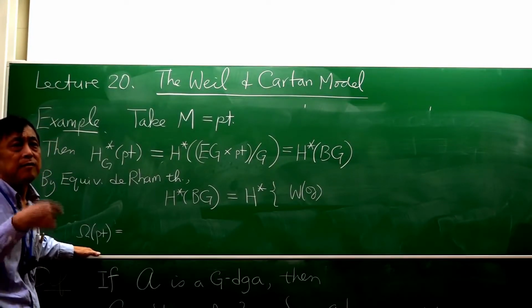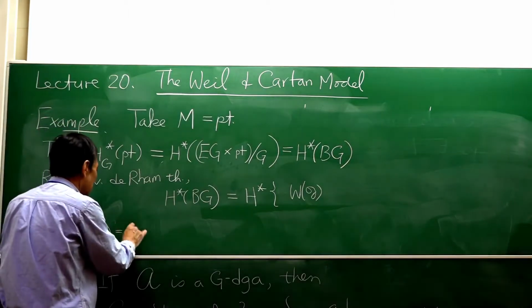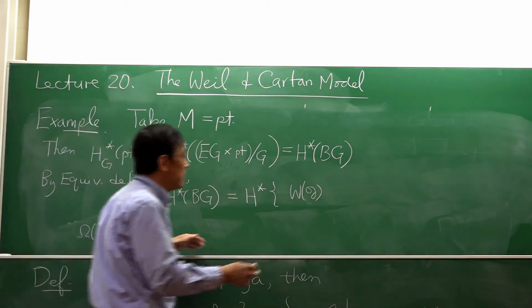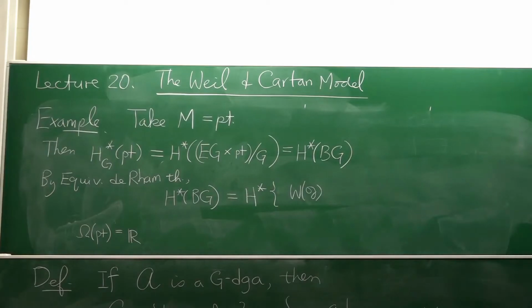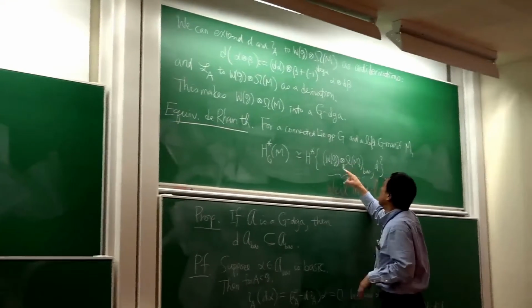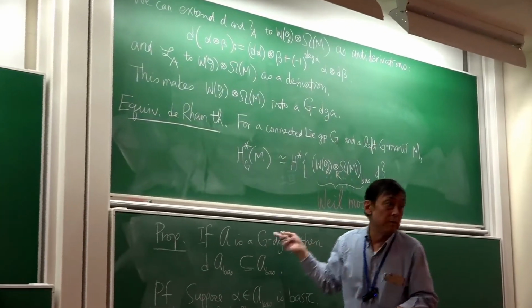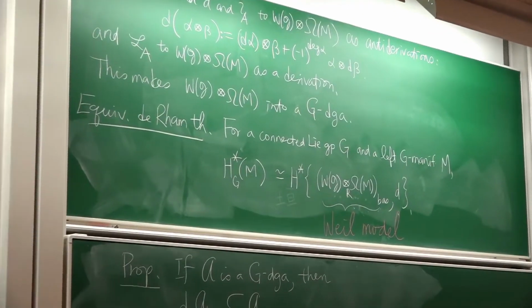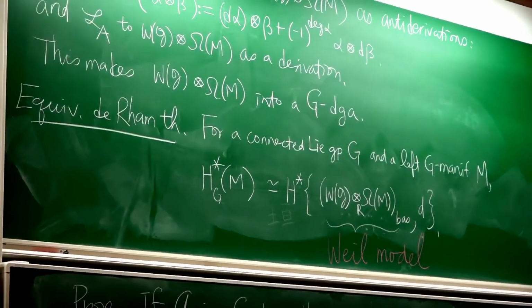It's just R, right? It's just the constants. There are no differential forms. And this is tensor over R. So if you tensor R over R, you just get the Weil algebra.